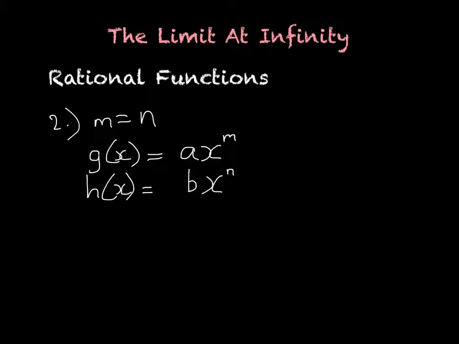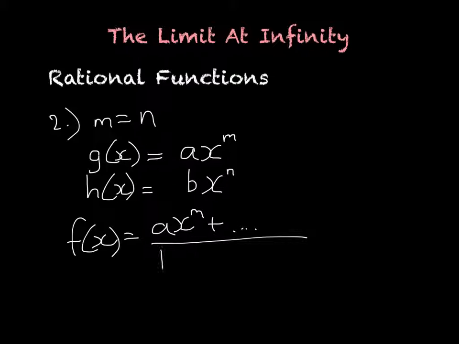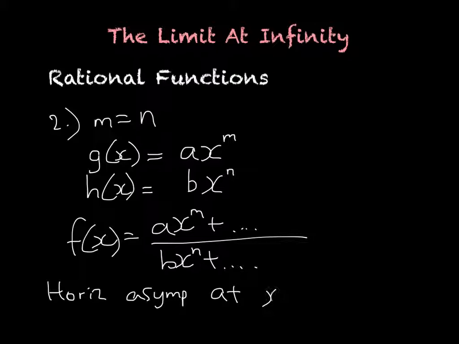So that means that our function looks something like a x to the m plus a bunch of other terms over b x to the n plus a bunch of other terms. When this happens, then we have a horizontal asymptote at y equals a over b.